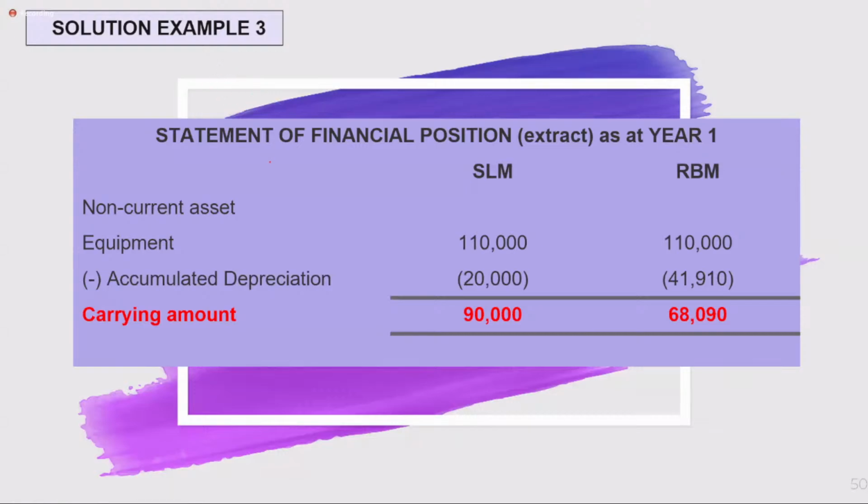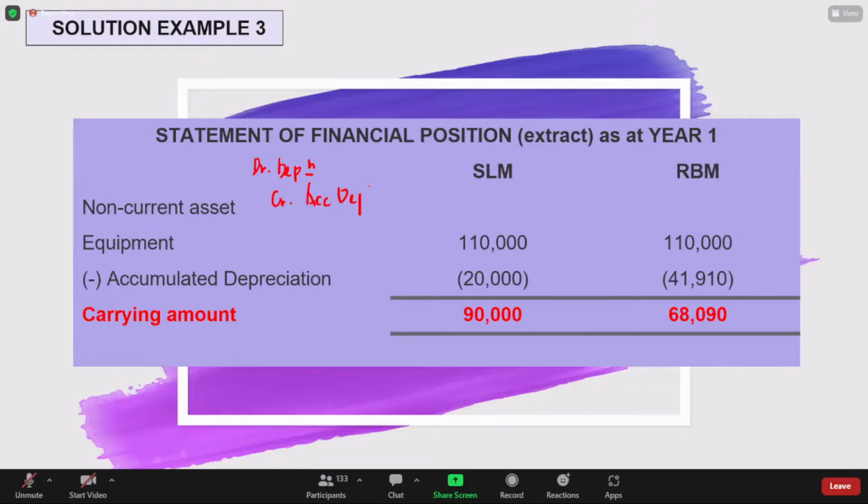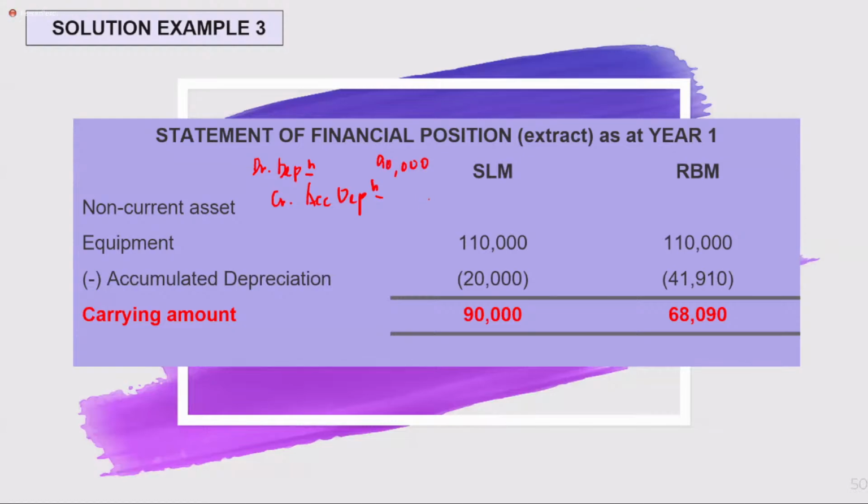Debit, depreciation; credit, accumulated depreciation. So untuk first year, debit depreciation 20,000, credit accumulated depreciation 20,000. Sorry, it's not 90,000. This is 20,000 here. This is for the first year.